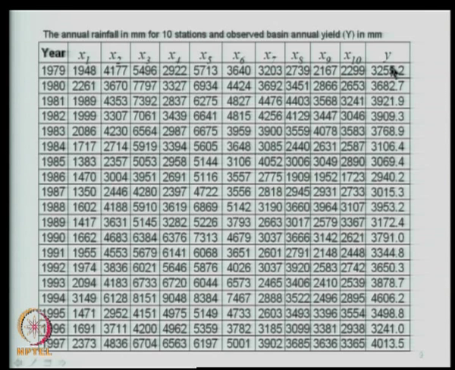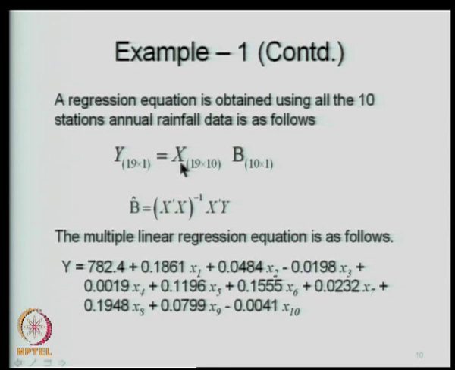So, when we do that, we express y as x b. This is from your multiple linear regression. Y is a vector of 19 by 1, there are 19 values and there is only one variable. X is a matrix of 19 values on 10 variables, so this is 19 by 10, and b is a vector of unknown parameters, and there are 10 such parameters, one associated with each of the variables.